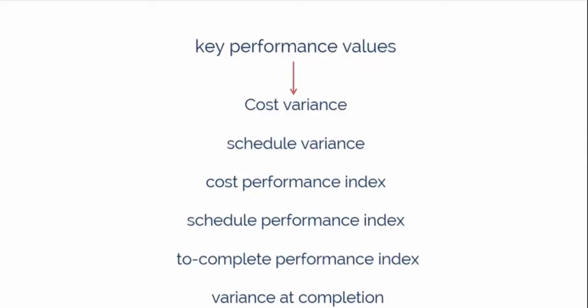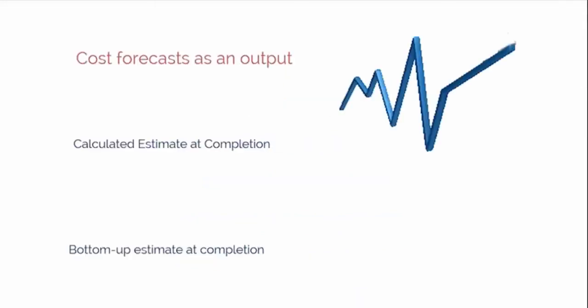In particular, the work packages and control accounts are documented and communicated to stakeholders. Referring to the same chart for cost forecast as an output, either a calculated estimate at completion value or bottom-up estimate at completion value is documented and communicated to stakeholders.